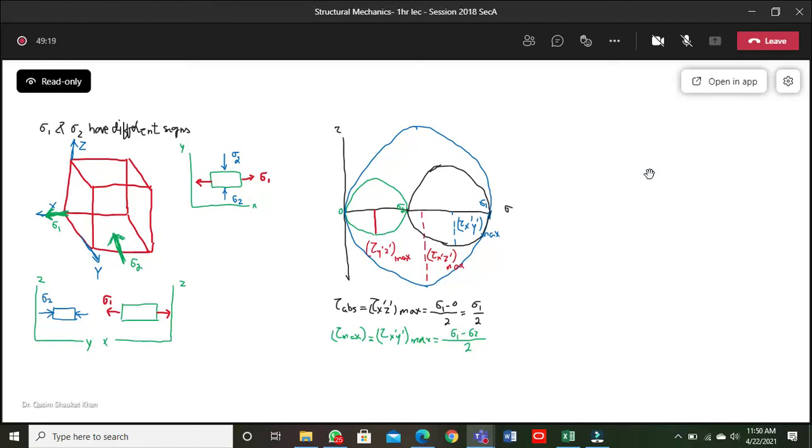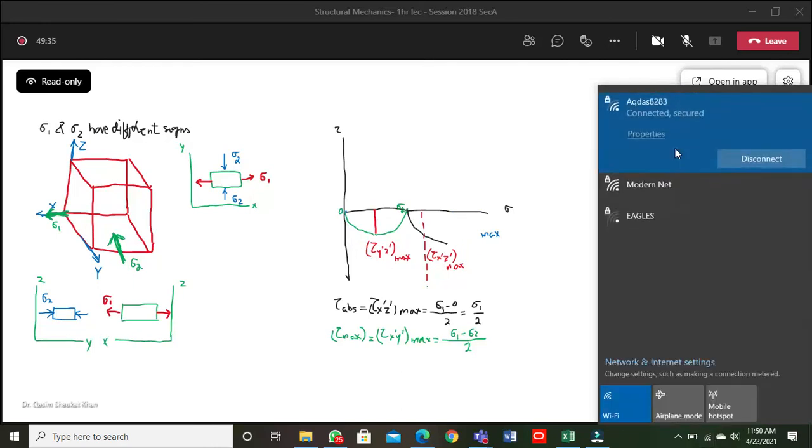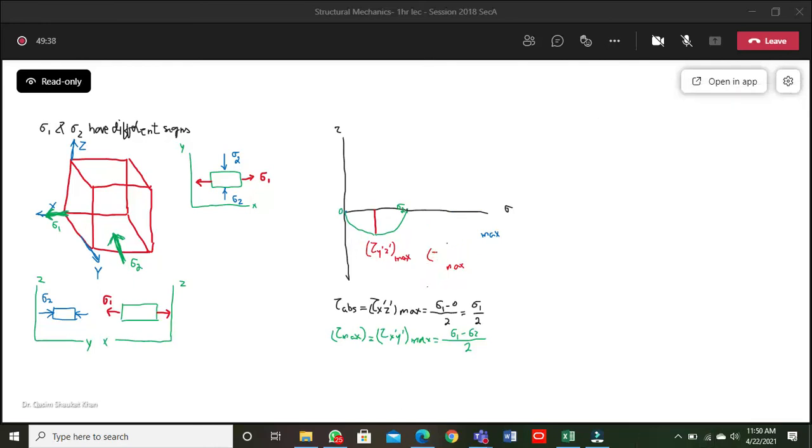So this point is my sigma 2. And this one will be tau y dash z dash maximum.